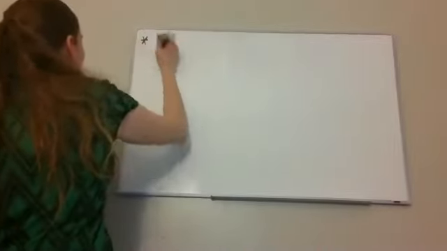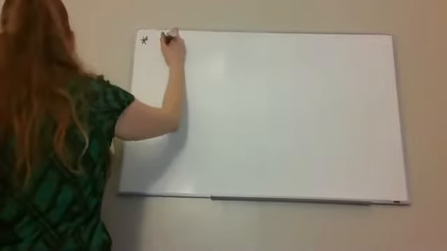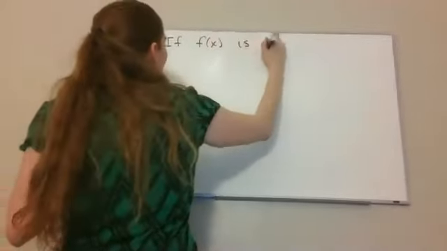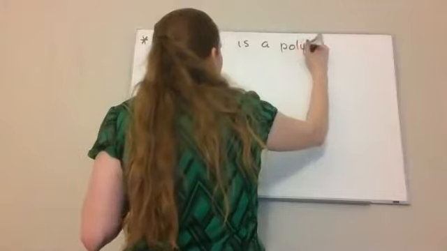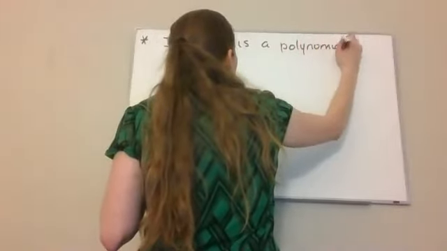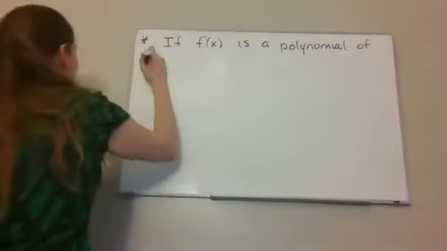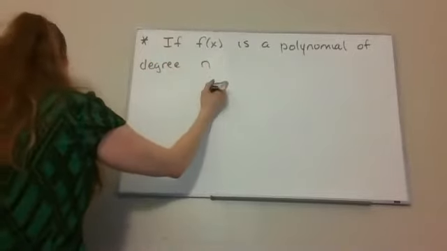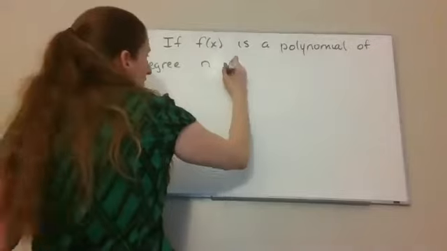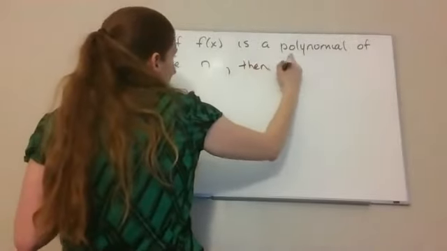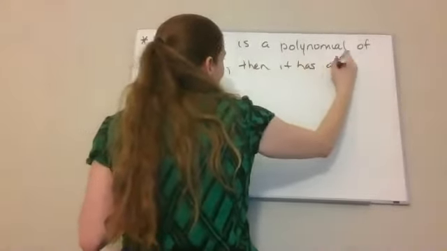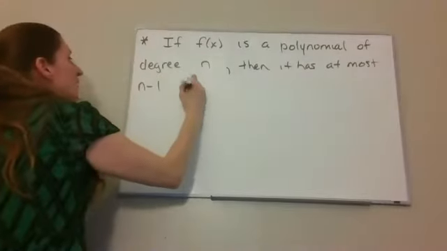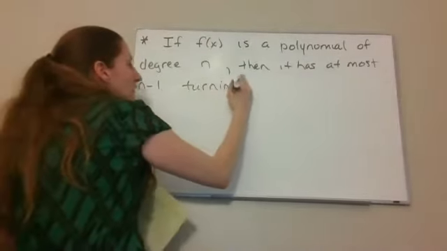One thing we should point out before we graph is that if f of x is a polynomial of degree n, meaning the highest exponent is n, then it has at most n minus 1 turning points.